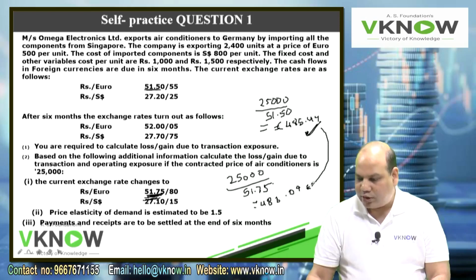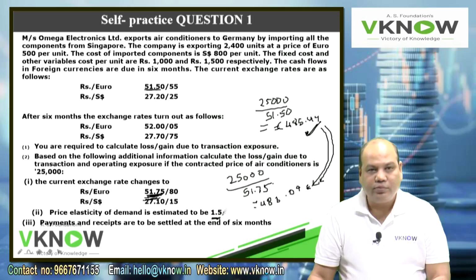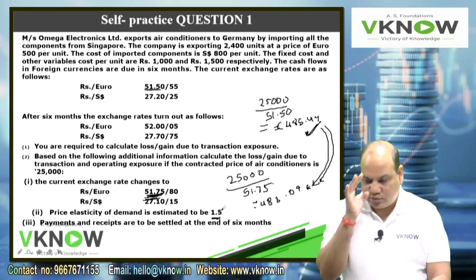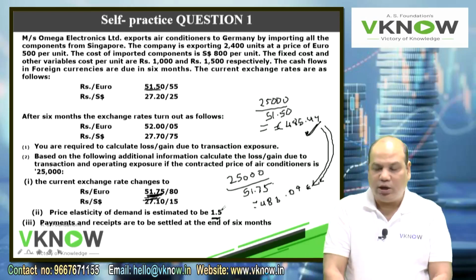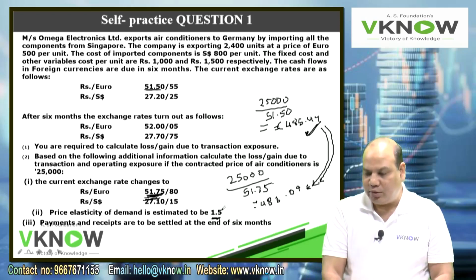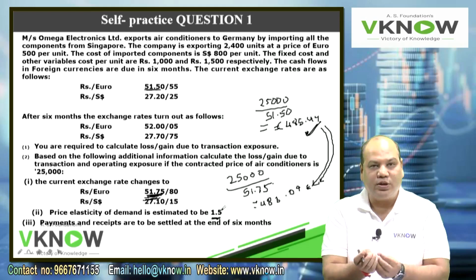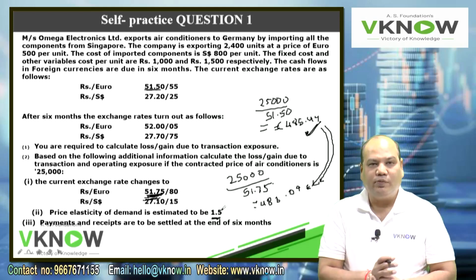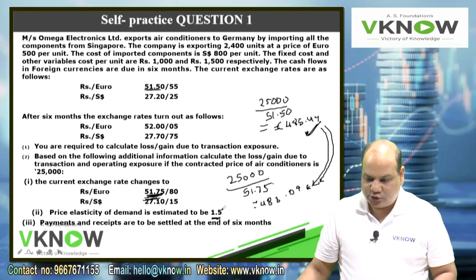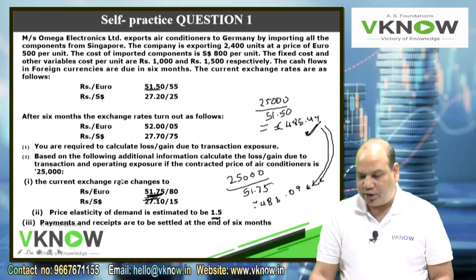So we will calculate the percentage change, and then multiply by 1.5. That will give me the revised demand for AC. The demand for AC will go up because the price has gone down by a few percentage, multiplied by 1.5. So the number of AC sold will change, and that is my operating exposure.